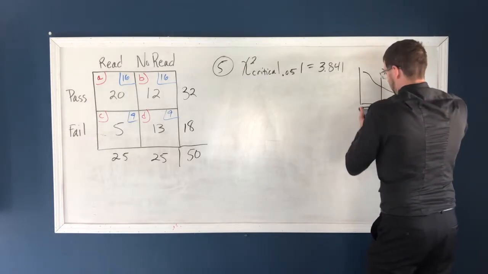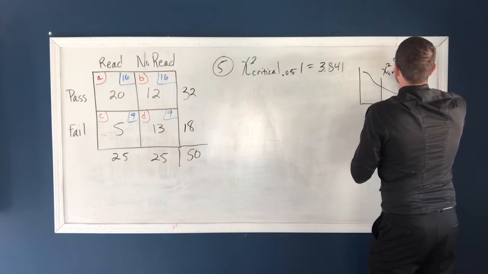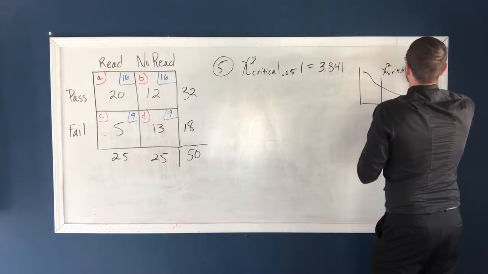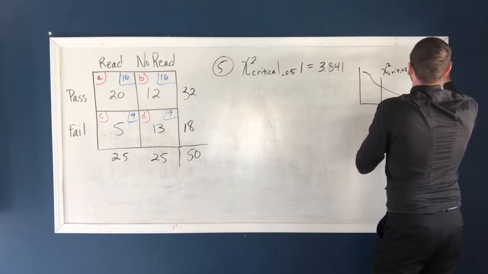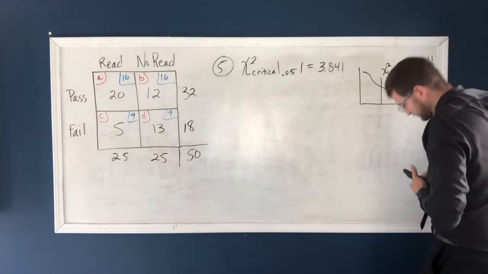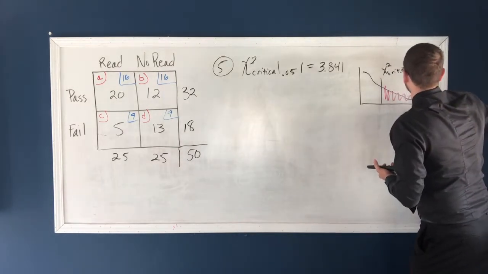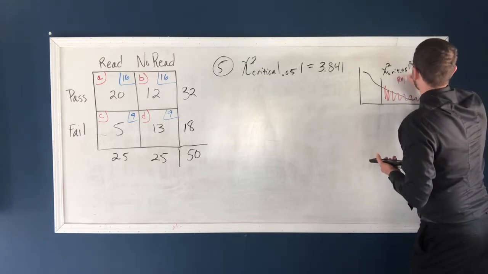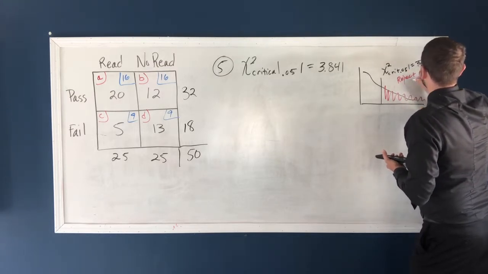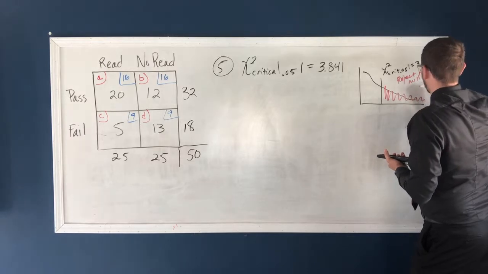So here we have it. Chi-squared critical, alpha 0.05, 1 degree of freedom, is 3.841. We have our little rejection region here, right? So we're going to reject the null, okay?